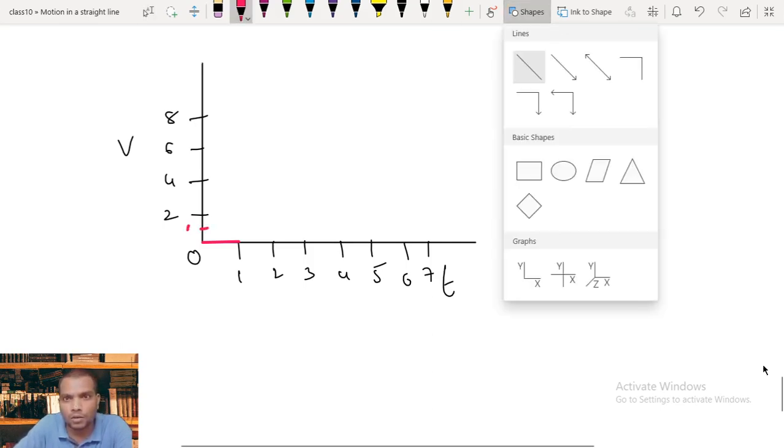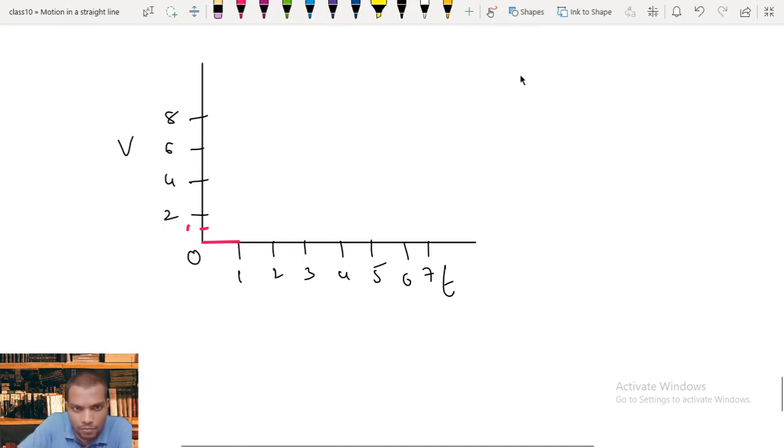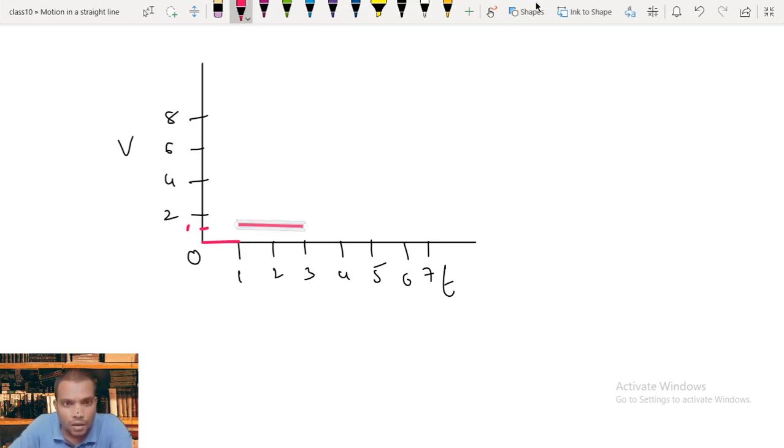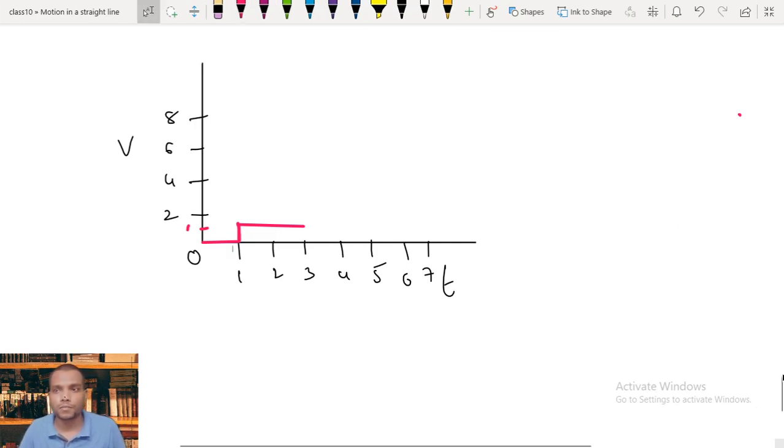Now I need to draw a line from 1 to 3 at 1. And how do I fill the vertical gap? The vertical gap I need to fill just like a step, because they both are at 1 only.